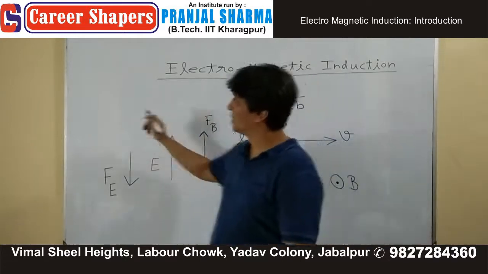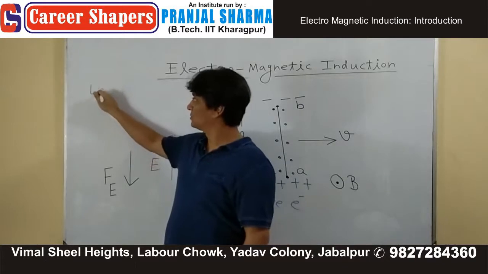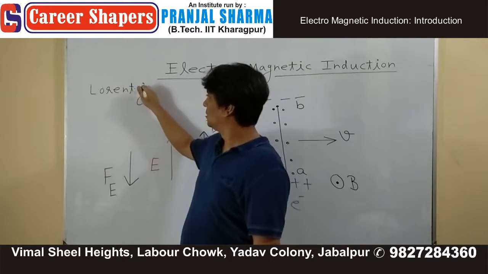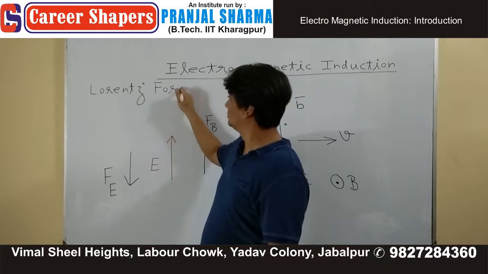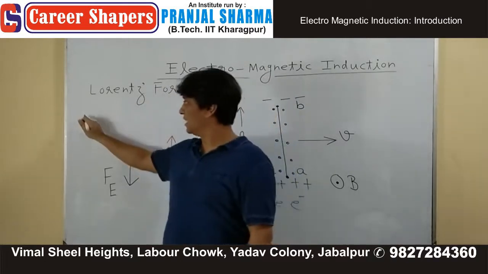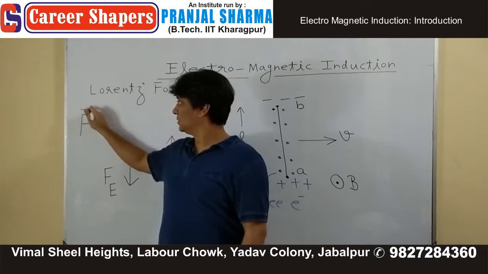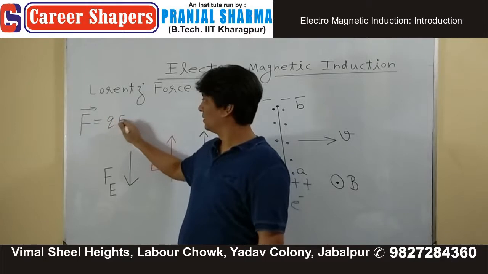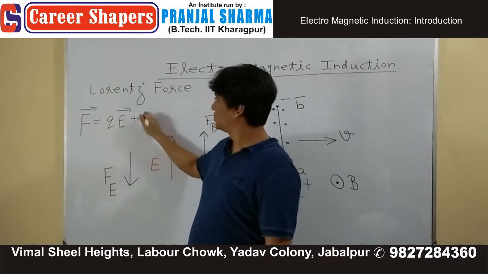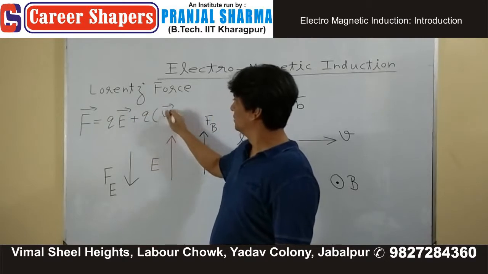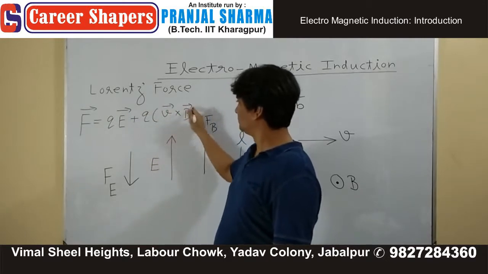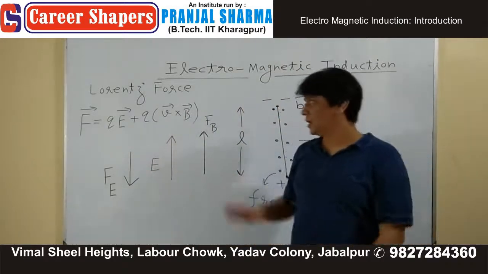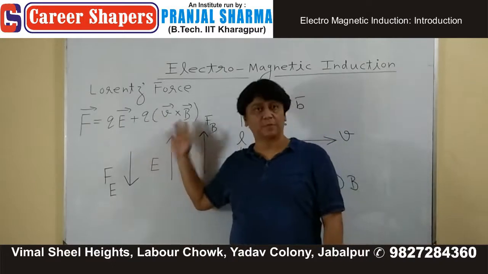Look, the Lorentz force in its complete form is given by QE plus Q times V cross B. This is the complete Lorentz force if both electric field and magnetic field are present.